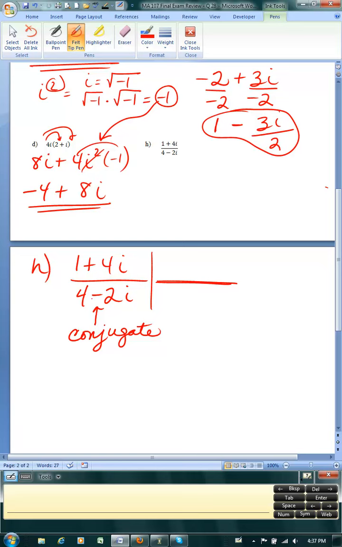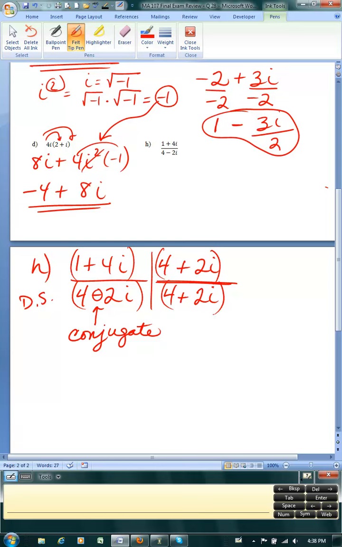The conjugate is an identical binomial except for the opposite sign. You're going to use plus instead of minus. So 4 plus 2i. That's going to create a difference of 2 perfect squares in the bottom. And you'll see what that produces. But whatever I do to the denominator, I have to do to the numerator. 4 plus 2i. Let me put parentheses around there.